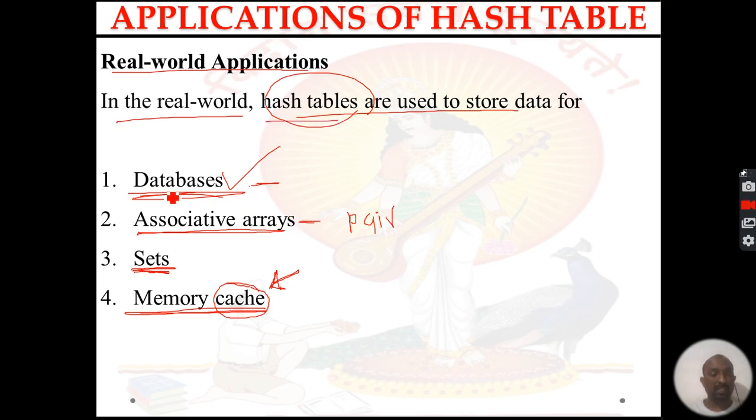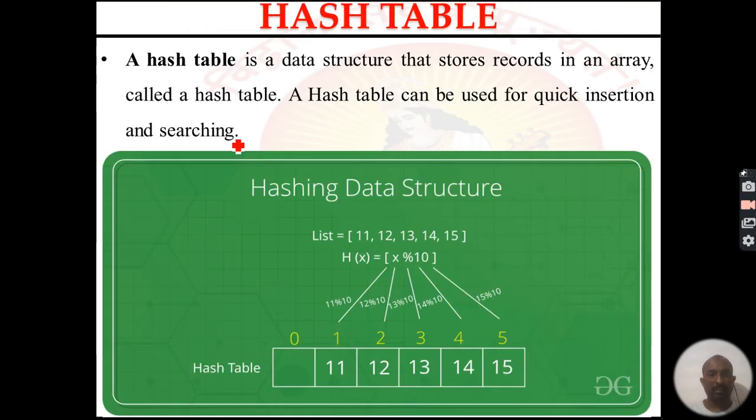So these are only four applications; there are so many applications available for hash table. Just keep in mind that when you want to store a record, or retrieve data from a table or database, we need a hash table. So these are the applications of hash table.